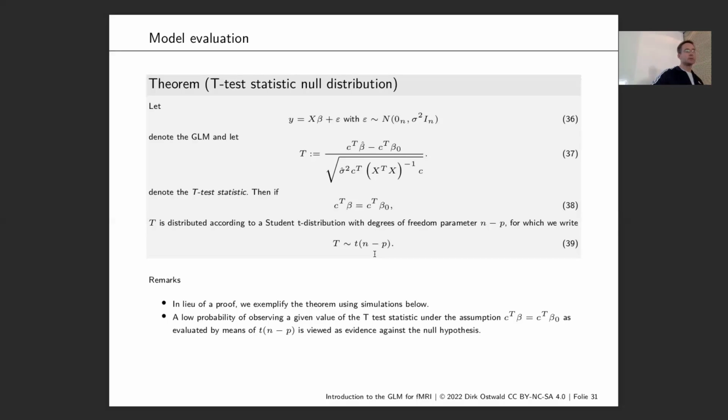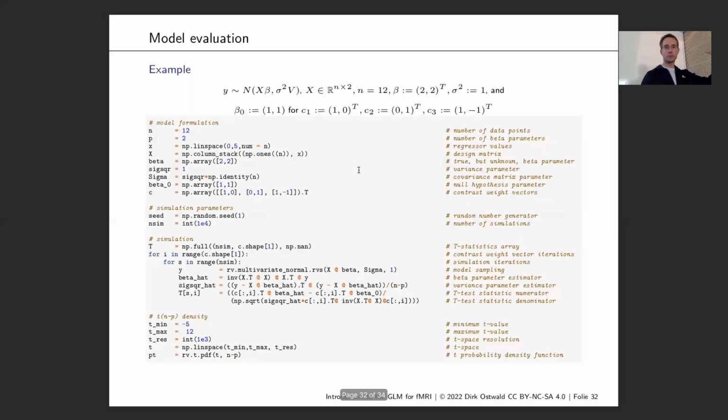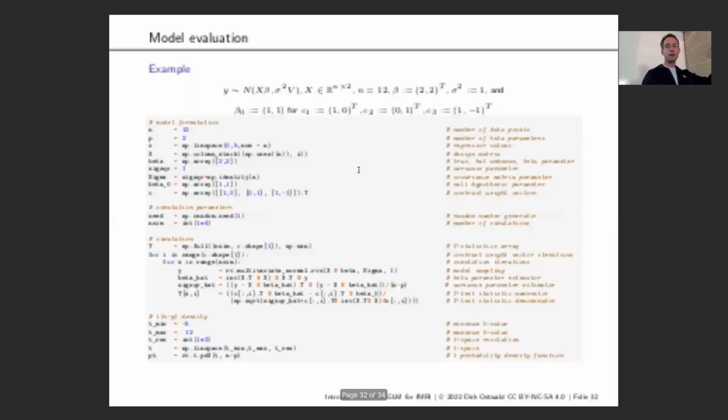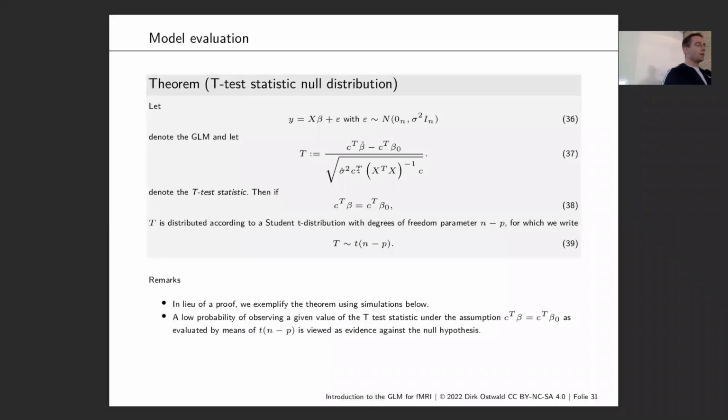One thing is that we can use the C to single out specific parameter values. If we define C to be just a vector of zeros with a 1, and we multiply that with a beta parameter vector, we can look at a specific beta parameter value and see how it relates to the corresponding variance. What we can also do, and that's why it's called contrast, is check whether one parameter is larger than the other.